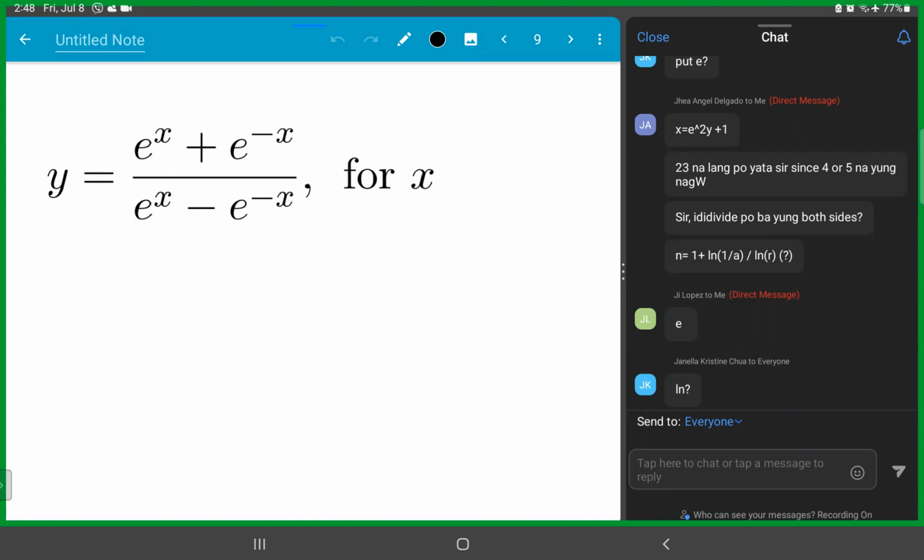So observe the equation, especially the right-hand side. There's e to the x, e to the negative x, a denominator, plus and minus. What do you see? What can you do? Anyone here?